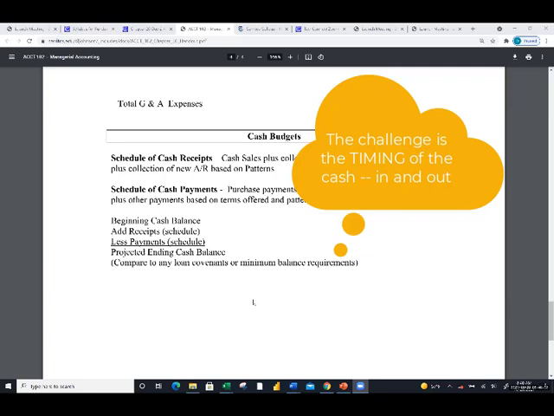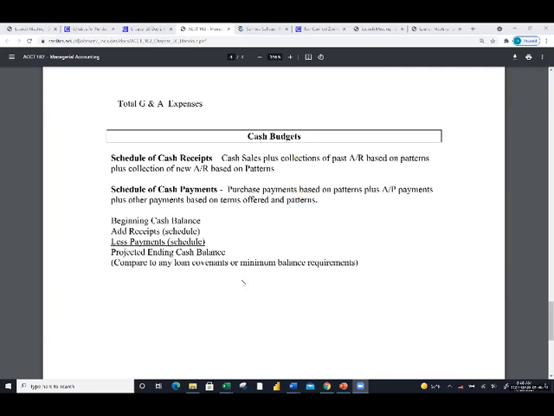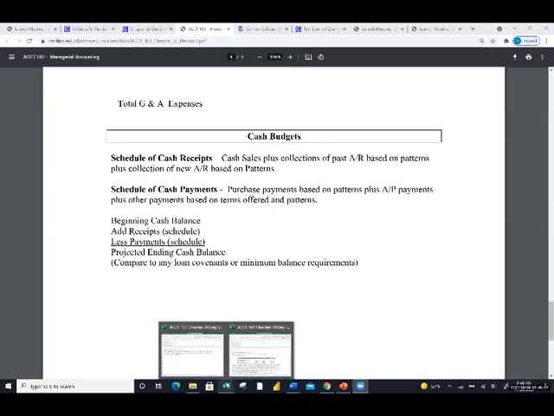Others might be 30-day terms, and others might be just a cash basis only because I get a big discount. So we need to learn the types of payment structures that these companies have, and that'll help us out with the projections. I think personally the best way to do this chapter is to just jump in and try the exercises. I think that's much better than looking at PowerPoints and so forth.